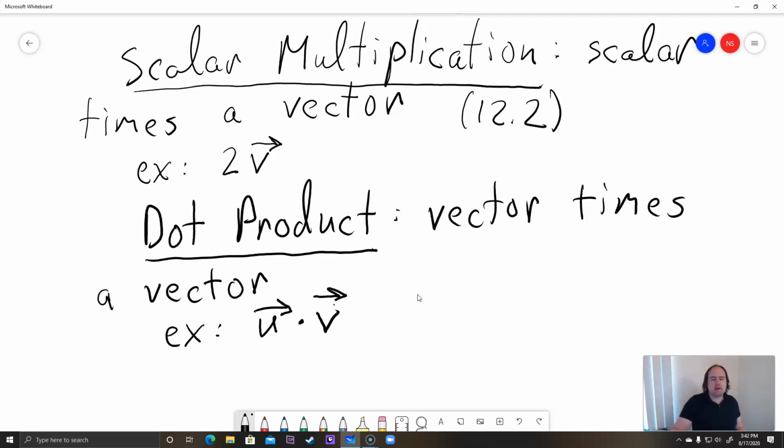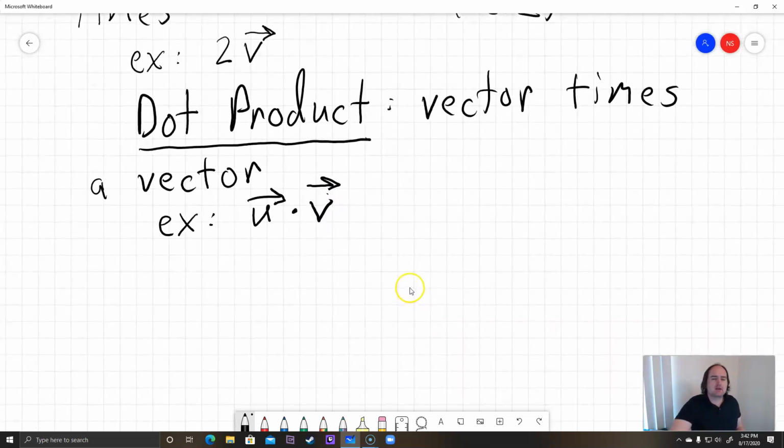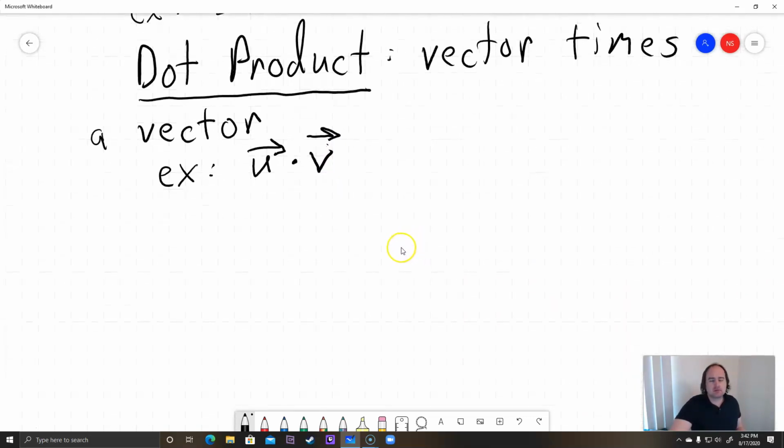But the basic idea with the dot product is it's a way of combining a vector with another vector, sort of like vector multiplication. It's very straightforward to calculate, and it's very useful in physics.